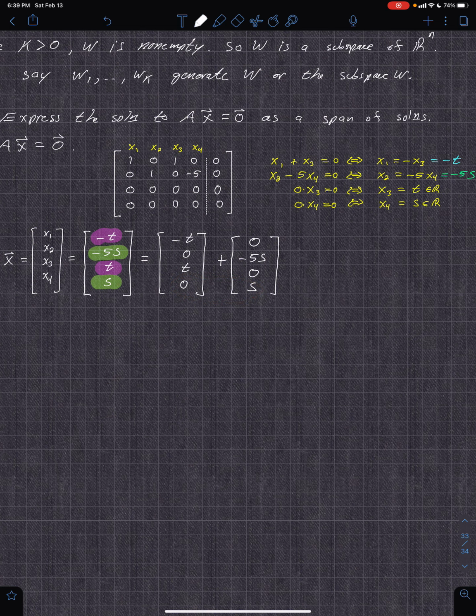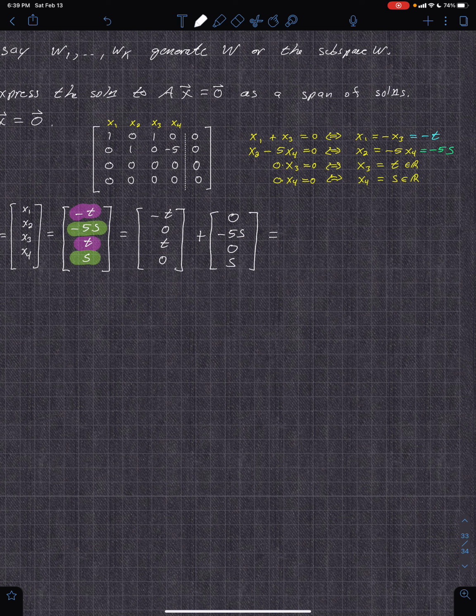Now let's factor out the arbitrary constant. When you do that, you end up with negative 1, 0, 1, 0 times t, and then plus 0, negative 5, 0, 1 times s.